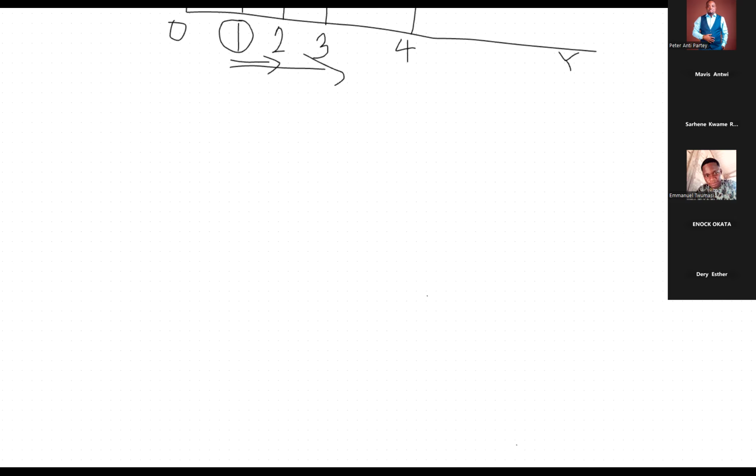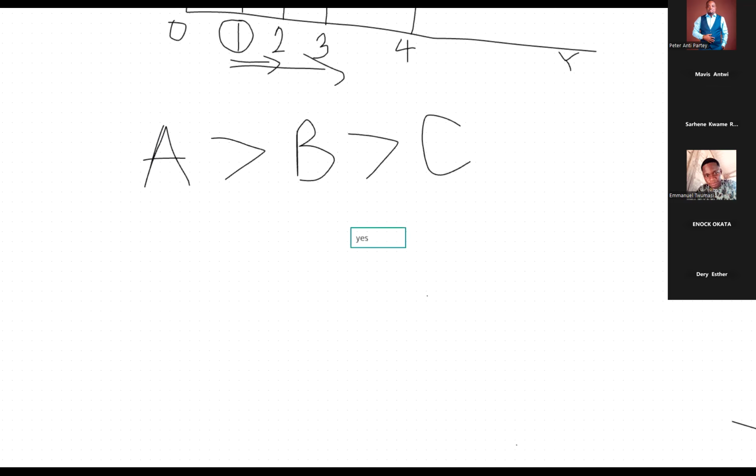So we have A, B, and then C. Okay. Now with transitivity, we said that if you say you prefer A to B, then it means that you should prefer B to C. Okay. If invariably, you would have to now prefer A to C. How does this work?